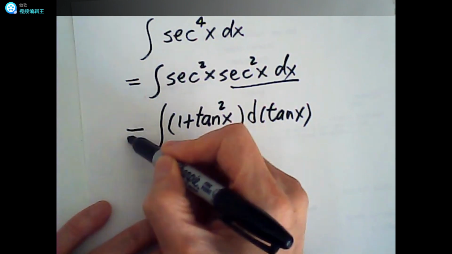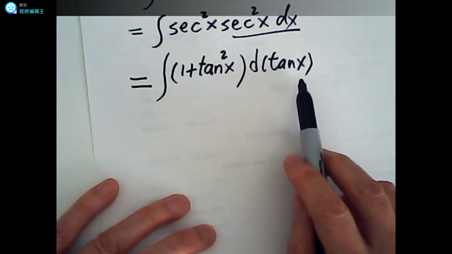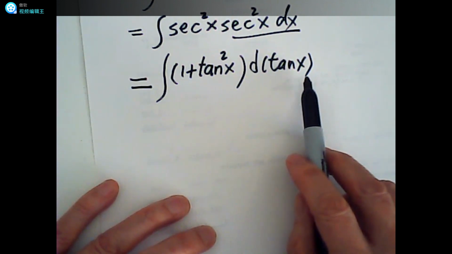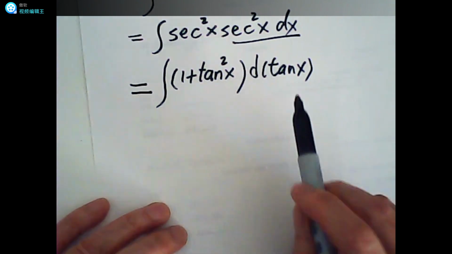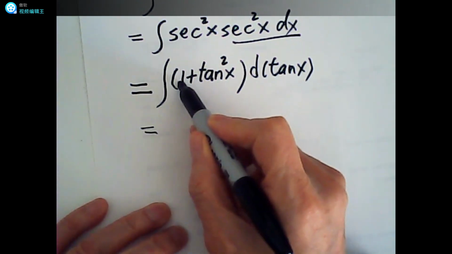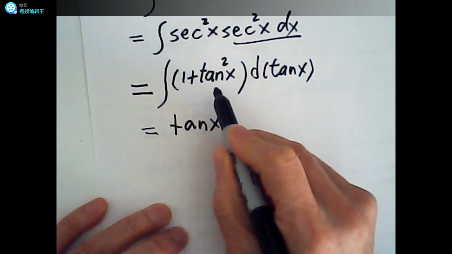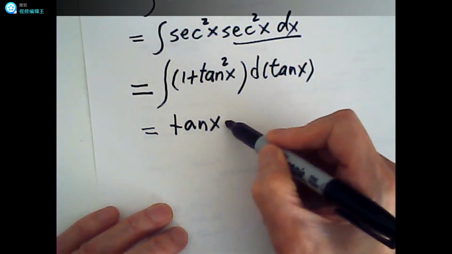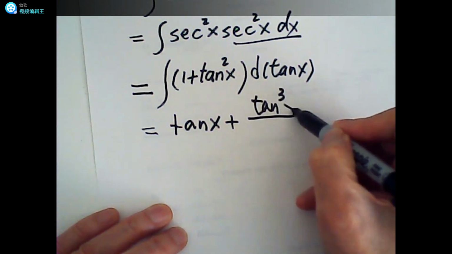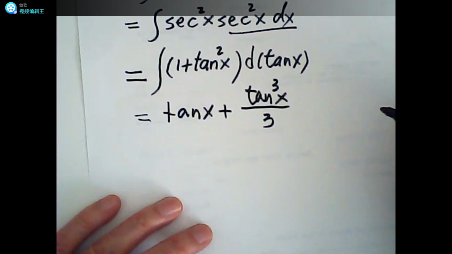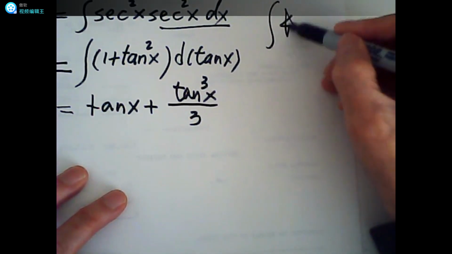Now integration is done, because we are not integrating with respect to x, but with respect to tangent x. So this one, d tangent x is tangent x. This one is basic formula, tangent cube x over 3, right? Because you are dealing with tangent x.